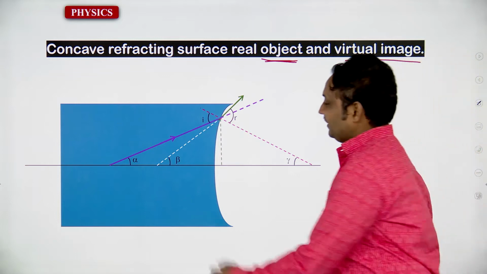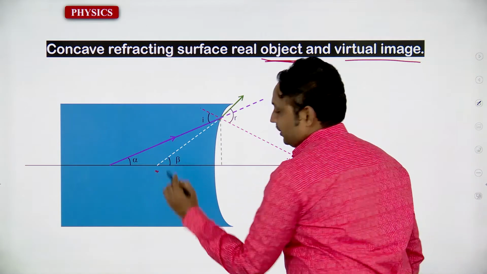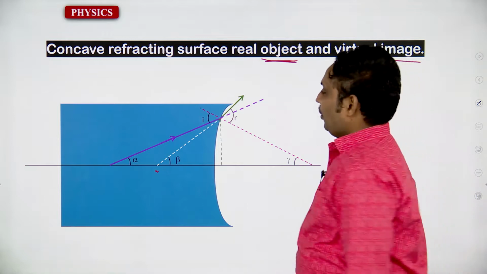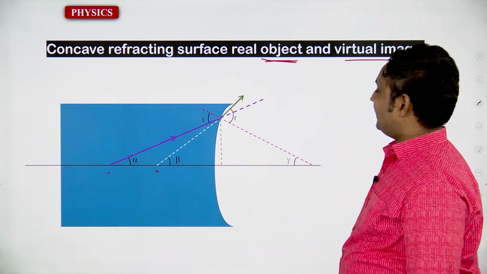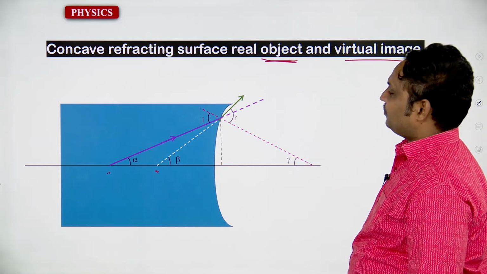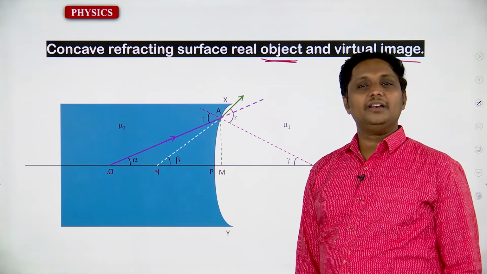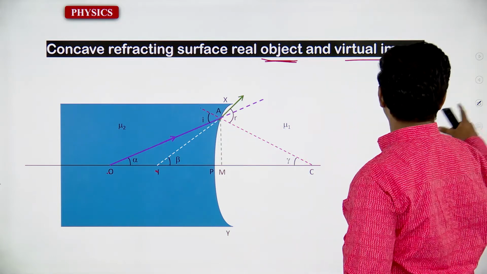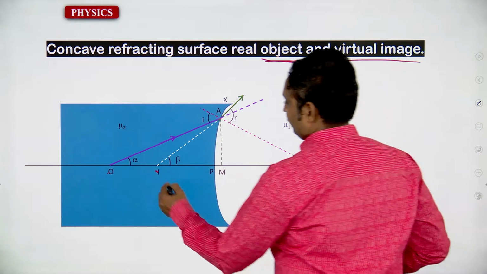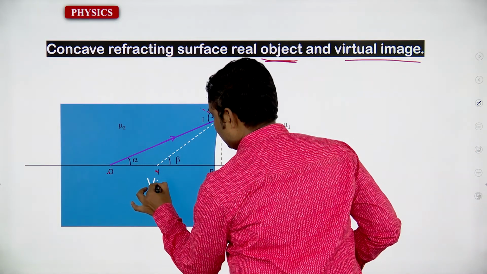This is the point we have to confirm, that it is a virtual image. What about this object? The object is going to be real, but the image is going to be virtual.